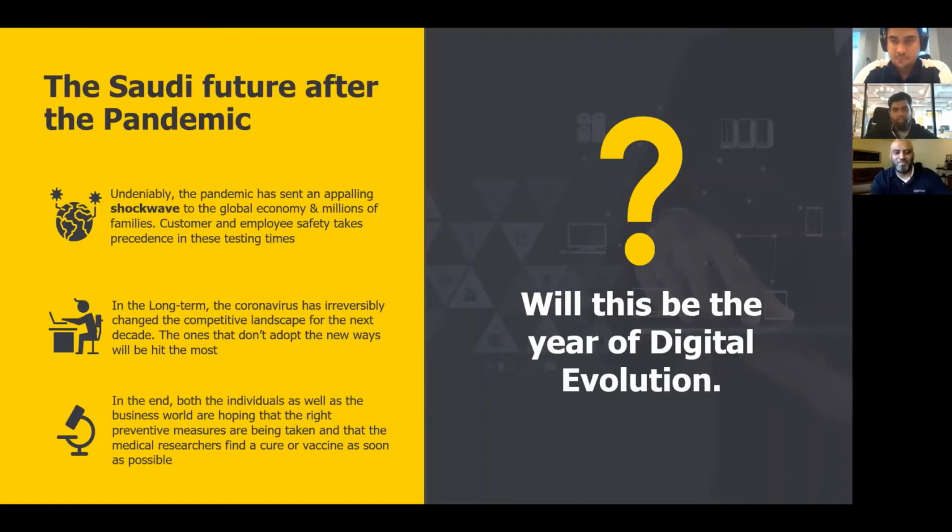I think there are some irreversible changes, which is mentioned in point number 2. There are some impacts that corona has brought, some changes which we cannot reverse, like customers' buying preferences seeing a drastic shift towards online. There are customers who are strongly against online.